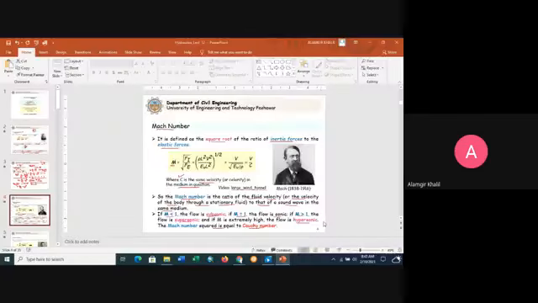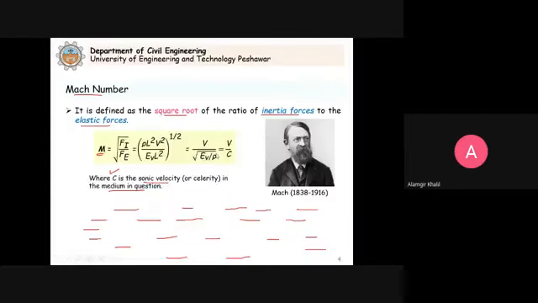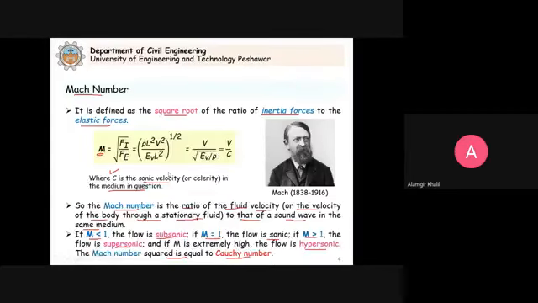In that case we can no longer hold the assumption that the air will be treated as incompressible. So this is an example where, if you study these types of model studies, we have to consider the Mach number for dynamic similarity between the model and the prototype. Clear?